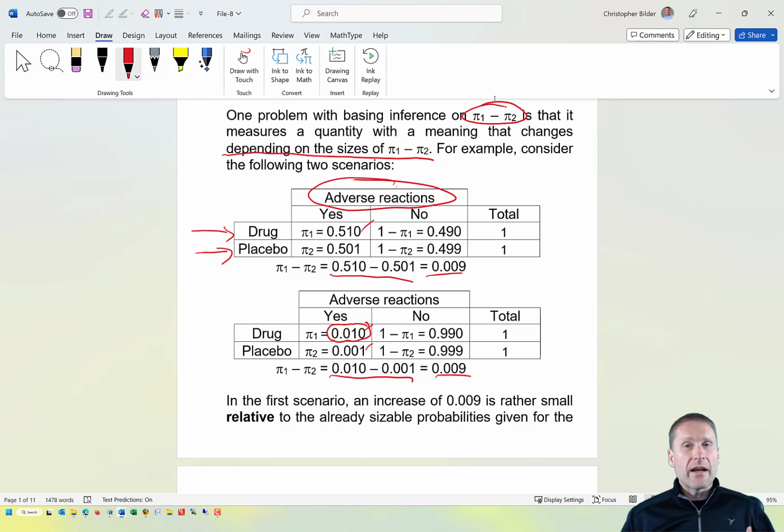And so that's why in situations where the probability of success that we're working with is small, it's better to use a relative risk than to use the difference of those two success probabilities to interpret the results of a particular, in this case, study.